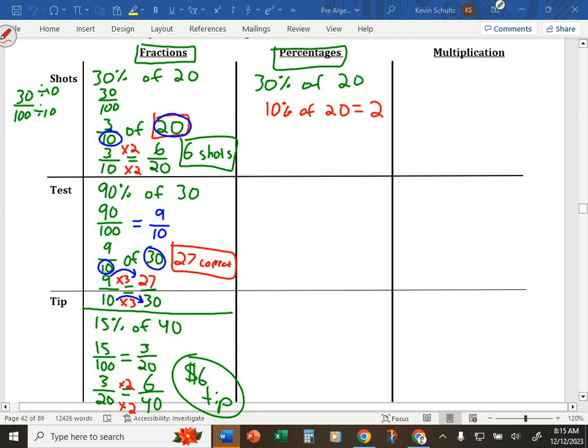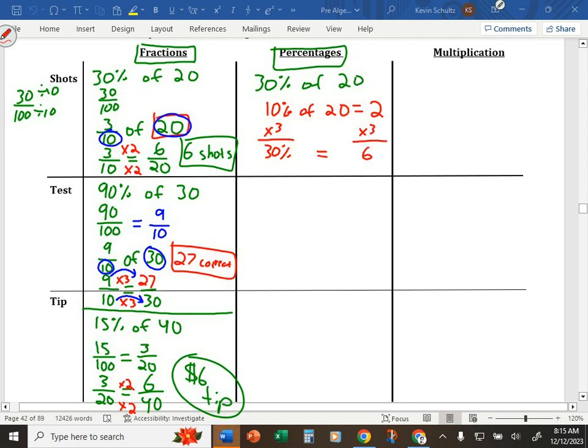Finding 10% of a number is pretty easy to do because you're just thinking what goes into it 10 times. So if 10% of 20 is 2, but we want to get to 30%, how many 10% chunks do we need? 3, right? 10% times 3 equals 30%. And if 10% is 2, 2 times 3 gives us 6.